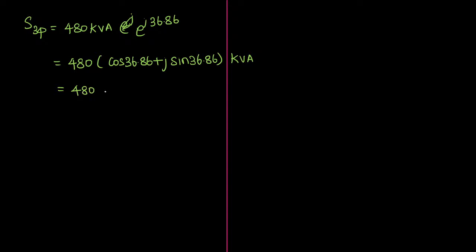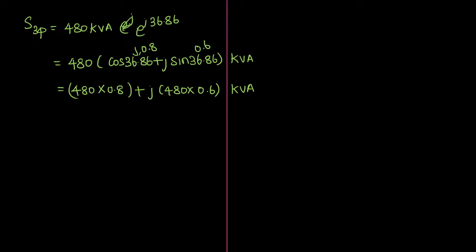Let us further continue. 480 into cos 36.86, where cos 36.86 gives you 0.8 and sin 36.86 gives you 0.6. If I expand the bracket, it will become 480 into 0.8 plus j times the same. 480 is common for both, so it will be multiplied by both of these. Kilovolt ampere.